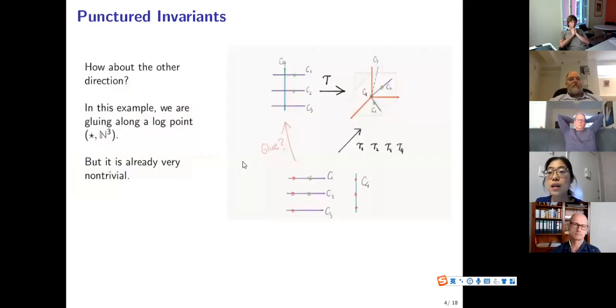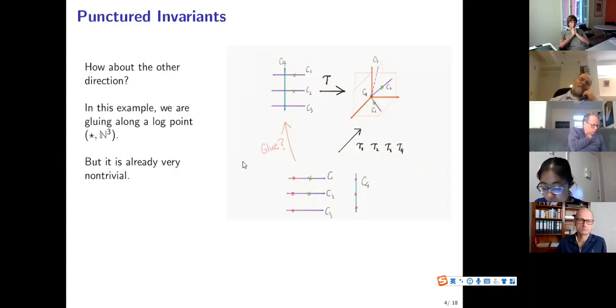So the next question we are trying to think about is, how about the other direction: what's the relation between the moduli space of the glued type and the moduli space of the split type? In this example that we see, since we contract the whole C4 from here after the splitting, schematically all the gluing will happen at the central point.